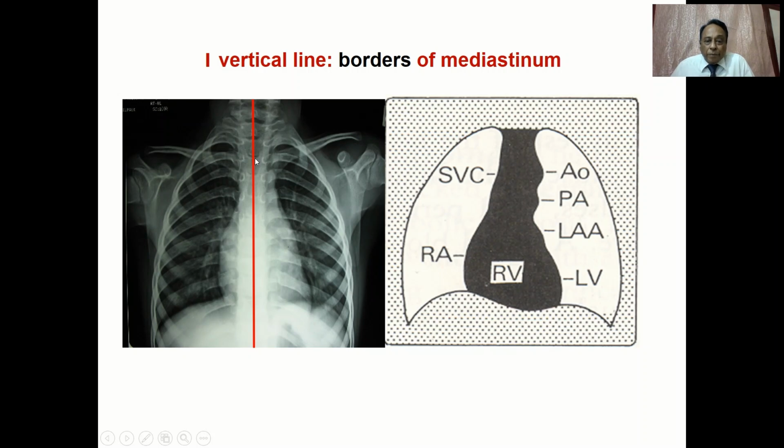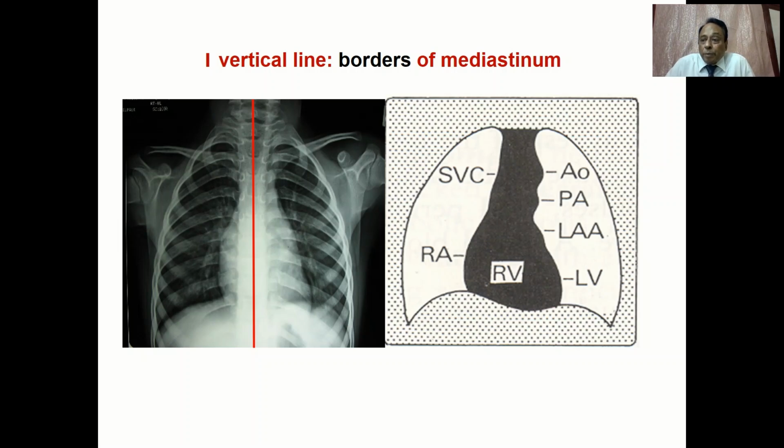Okay, first vertical line, what information does it give? Actually, you have to see the borders of the mediastinum. You should know what structures constitute the right border and what structures constitute the left border.